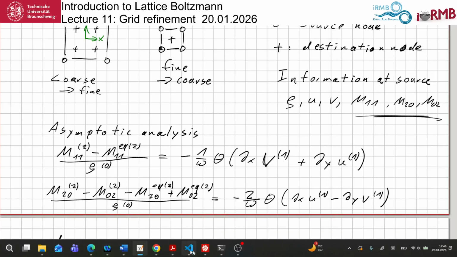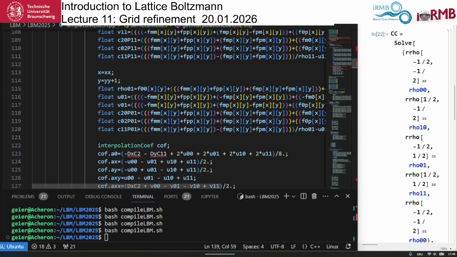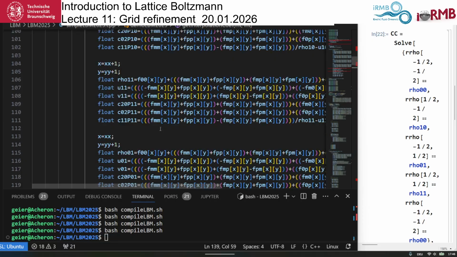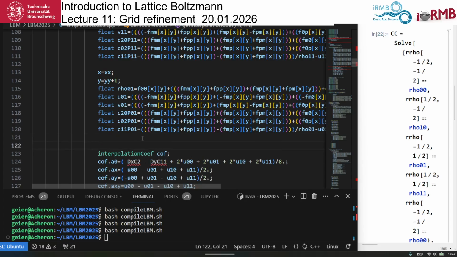So that means we would have to get, okay, we first read all the coefficients, then we generate these derivatives. So we have float dx, okay, start with C11.